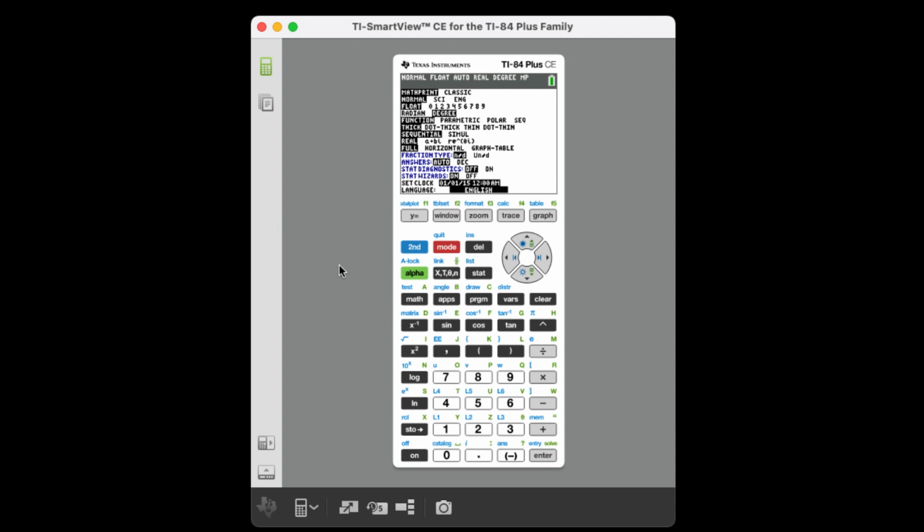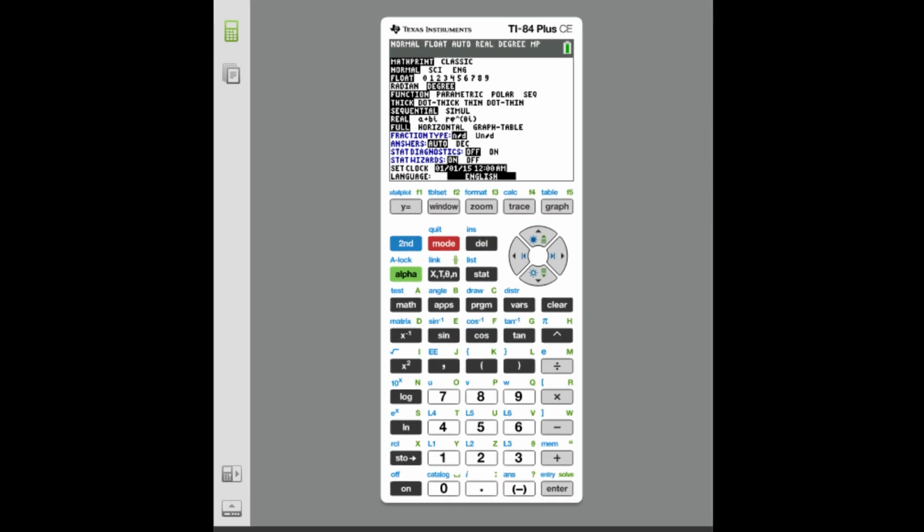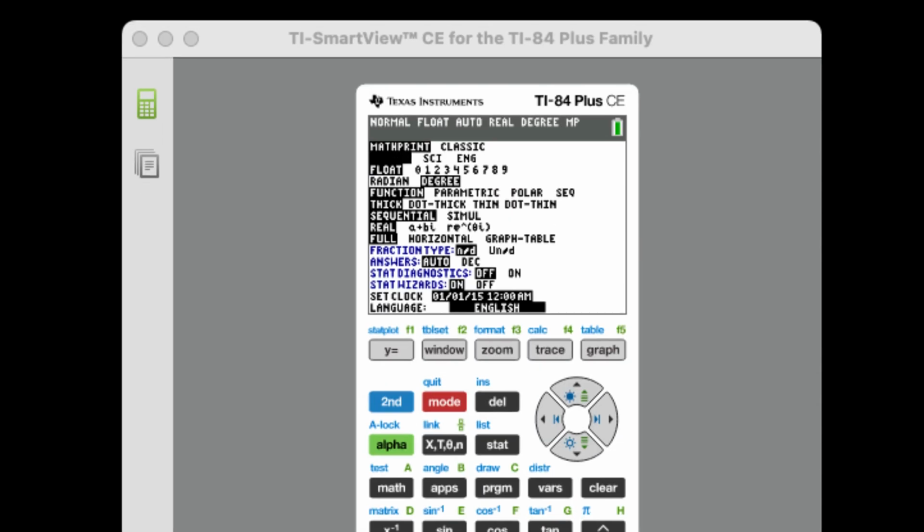I can't even see. Scroll in. 3 options? I don't see 3 options. Answers. Huh?